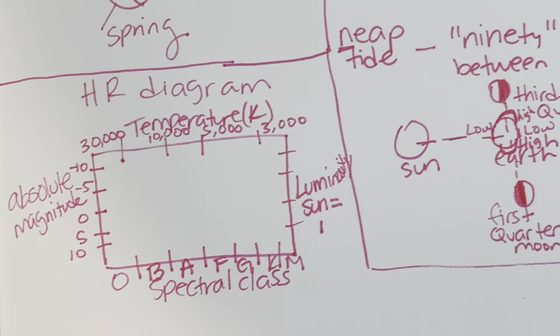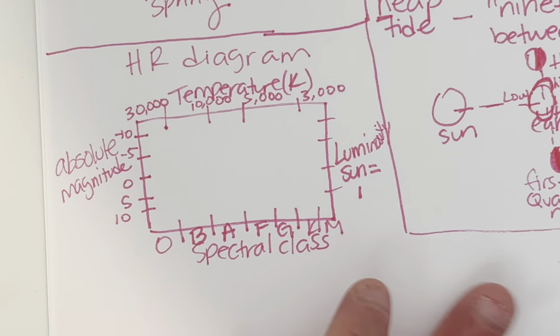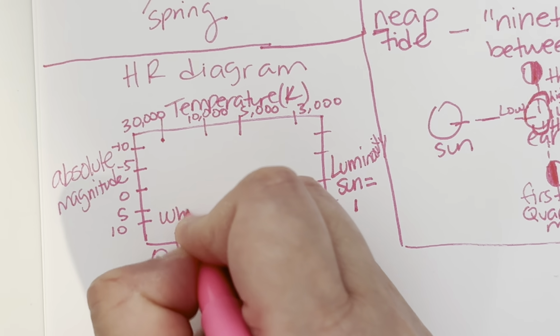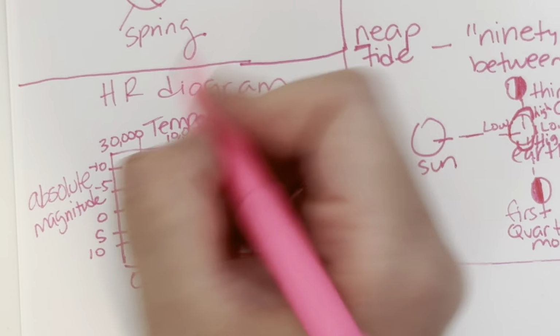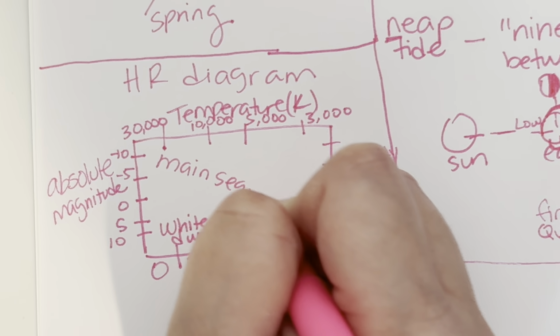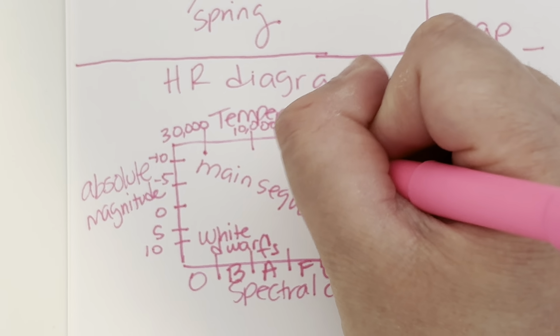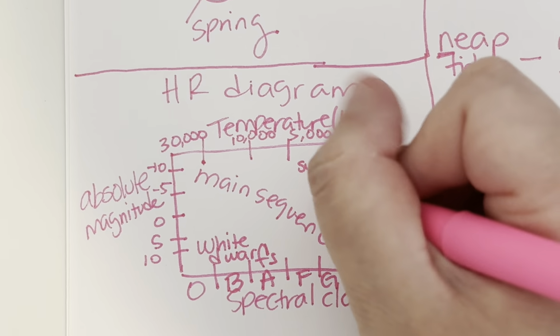The important thing that I want you to know is, let's go ahead and label our groups. So our white dwarfs are for the most part hot and dim, right? So our white dwarfs are going to be found here. And then main sequence runs along the center. And then you have your red supergiants. And then your red giants.